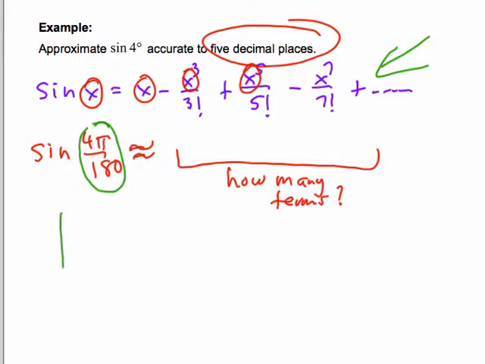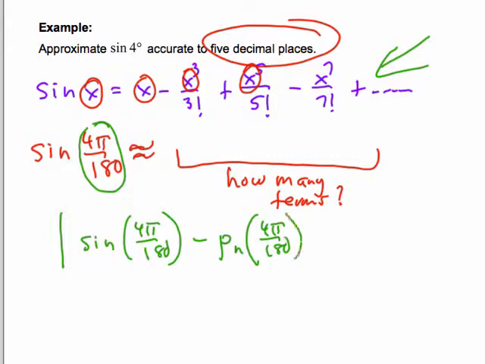So what we're saying is that the difference between the actual value of sine of 4 degrees and our Taylor polynomial approximation using an nth degree polynomial, we don't yet know which degree of polynomial we need, we don't know how many terms, we want that to be less than or equal to 5 decimals of accuracy, which means that this value needs to be like that to account for rounding off.